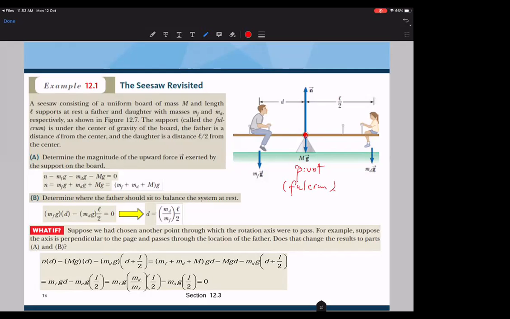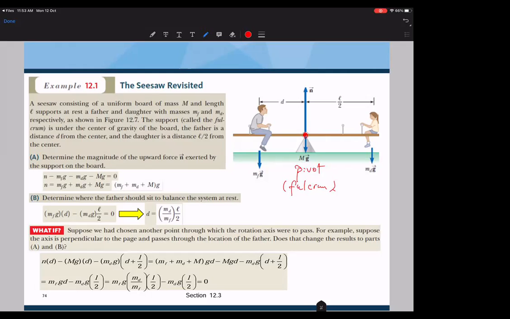It is right under the center of gravity of the wooden board. The father is at a distance d from the fulcrum, and the daughter is at a distance L/2 from the fulcrum. So the length of the whole wooden board is actually L.